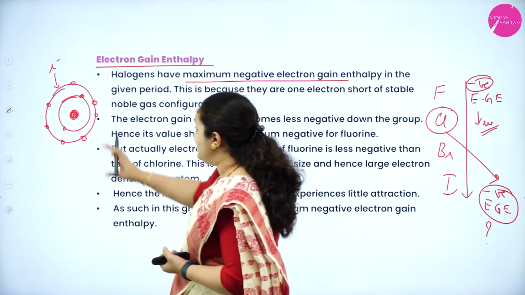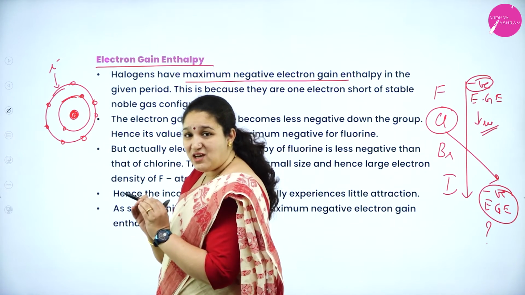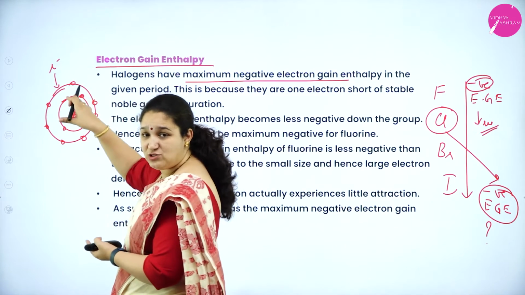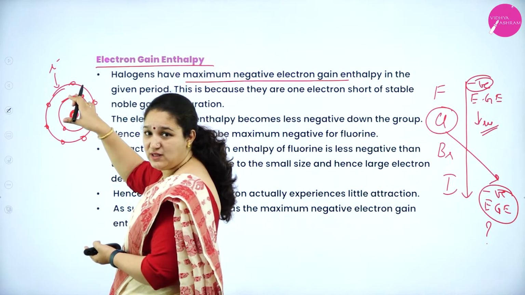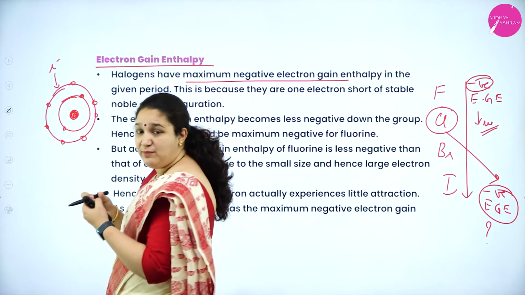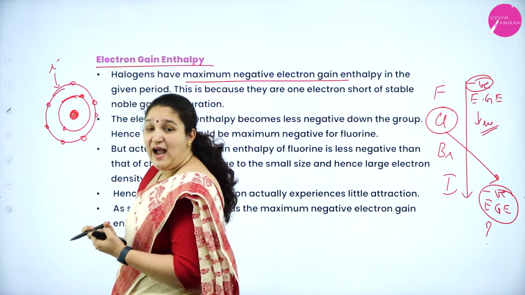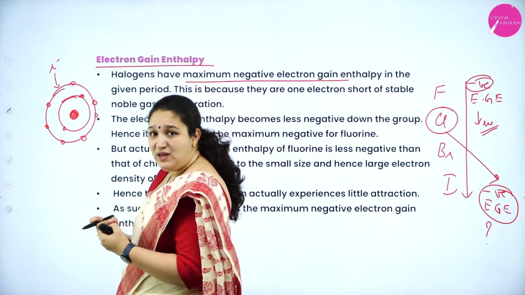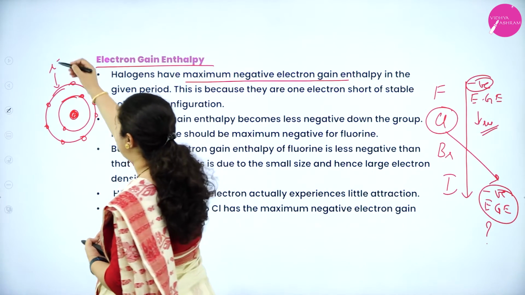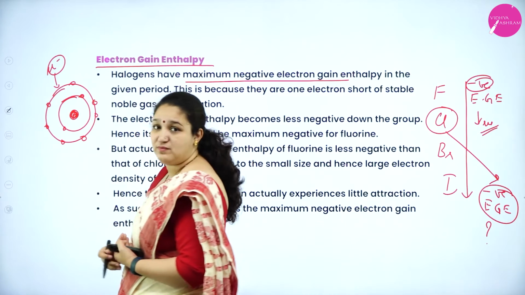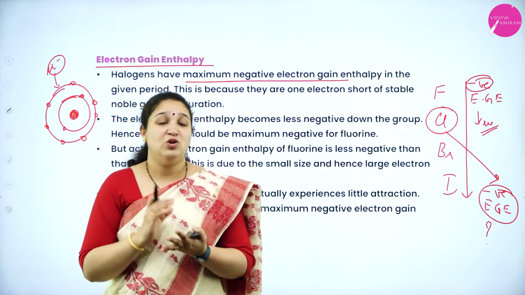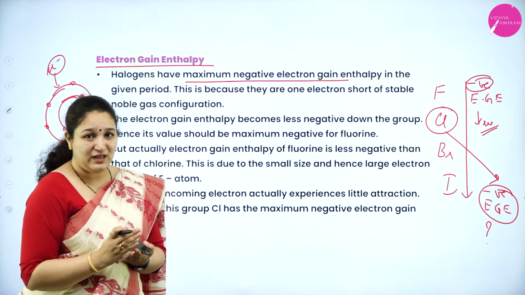But as the shell is smaller, it is the second shell, and there is already a lot of electrons in that, 7 electrons, when one more electron comes, there will be repulsion. Due to the repulsion, some amount of energy is utilized to overcome the repulsion and then accept this electron. Thus, the electron gain enthalpy is not maximally negative.